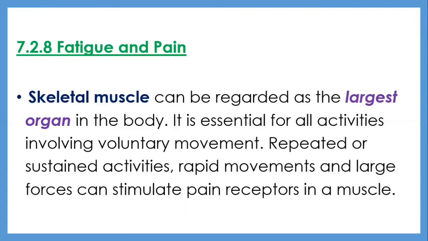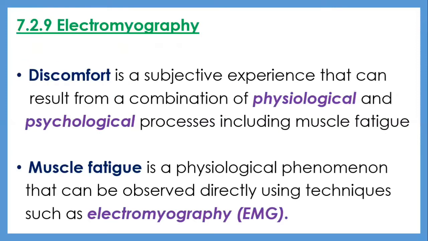And so for that matter, since skeletal muscle makes up 40% of the tissues of the body, it should come as no surprise that many of the aches and pains that we actually experience in our daily lives are of muscular origin. And next we have electromyography.